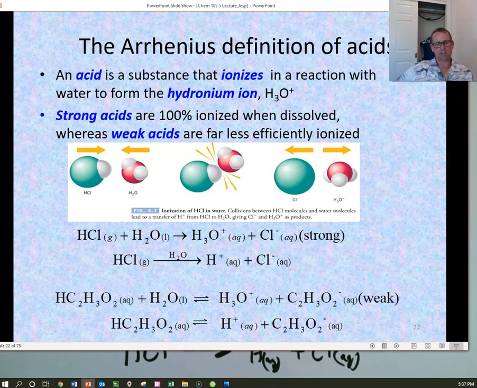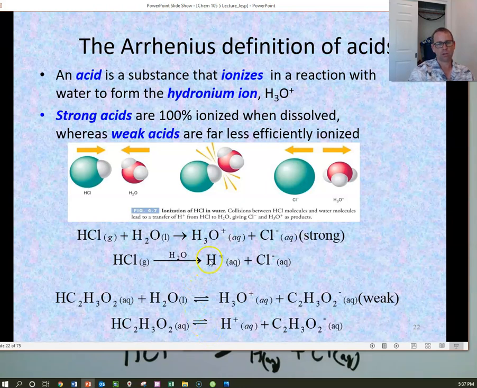And because of this, this acid is what we call a weak acid. Weak, which means it doesn't dissociate very much. So maybe 1 in every 10,000 acetic acid molecules will be dissociated at a time.